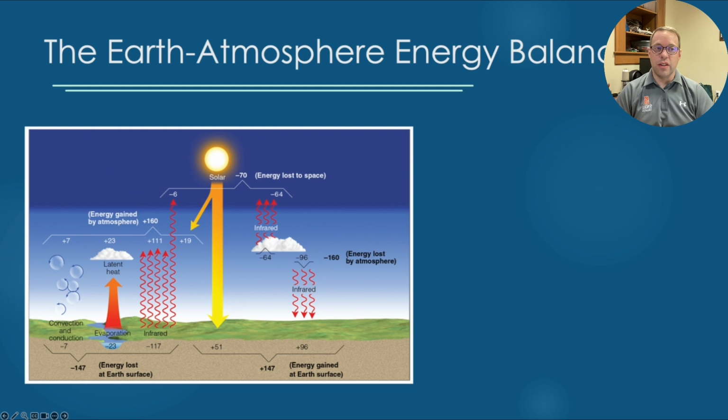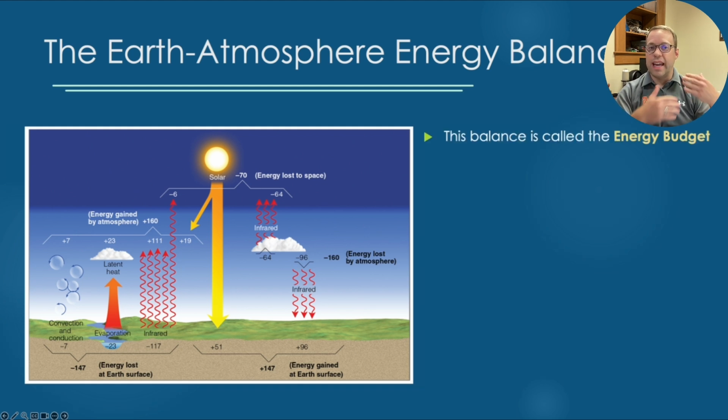Here's a picture that shows an energy budget, the calculation of the balance of energy between the Earth, the atmosphere, and space. Remember that of insolation, short for incoming solar radiation, about 30% is reflected back out into space.